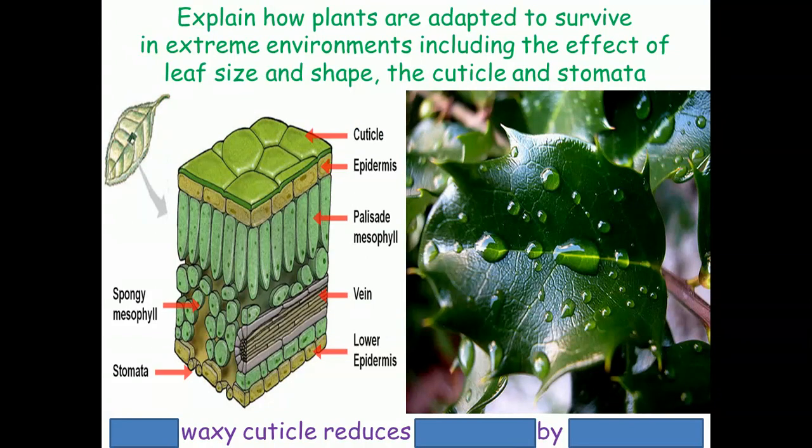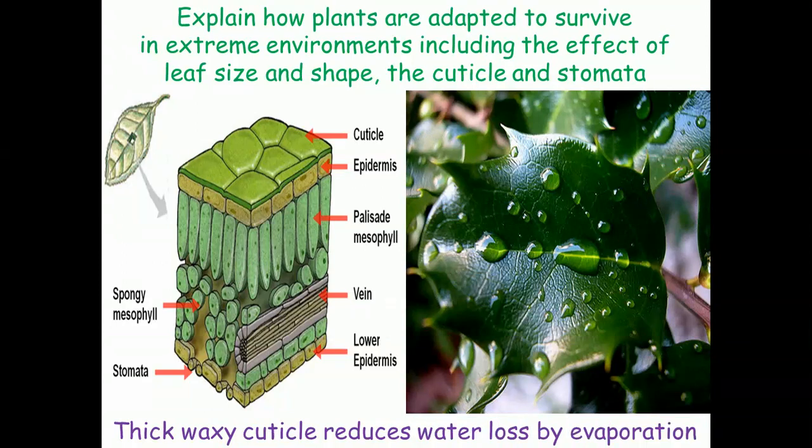And that waxy cuticle is thick in certain plants. And the reason why it's thick is because it reduces the amount of water loss by evaporation. So in other words, it means that there's less transpiration occurring because they have a thick waxy cuticle. It reduces the water loss on the upper epidermis. It prevents water from evaporating out.